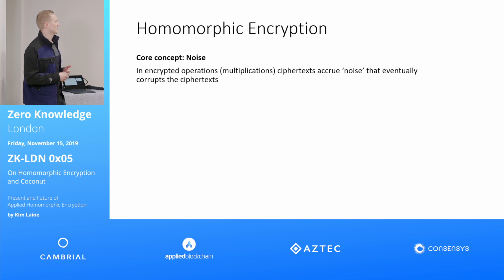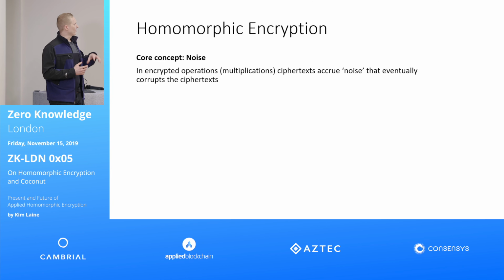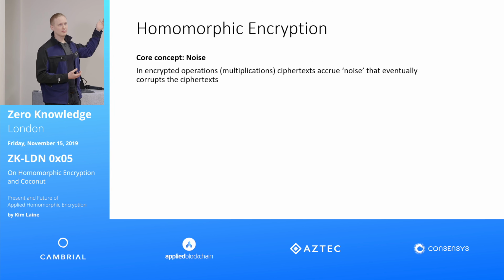When you encrypt a plaintext and obtain a freshly encrypted ciphertext, it has some amount of noise in it. When you do computations, specifically multiplications, the noise increases. Once it reaches a maximum level, the ciphertext is corrupted and you can't decrypt it anymore.